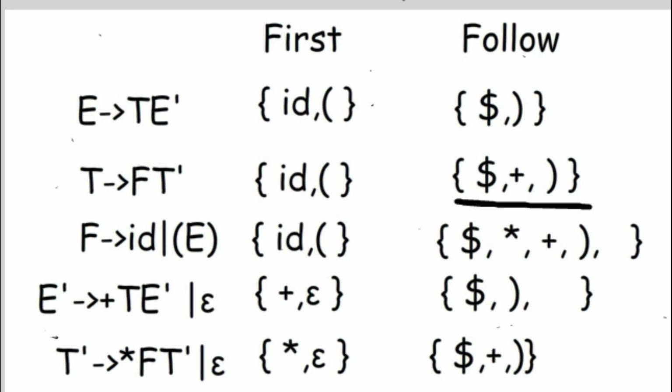Now we have plus, we have star, then we have open bracket, close bracket, and we have dollar, and ID is remaining, so dollar has to be last and ID is there. These are all the symbols: ID, open bracket, dollar, close bracket, plus, star.